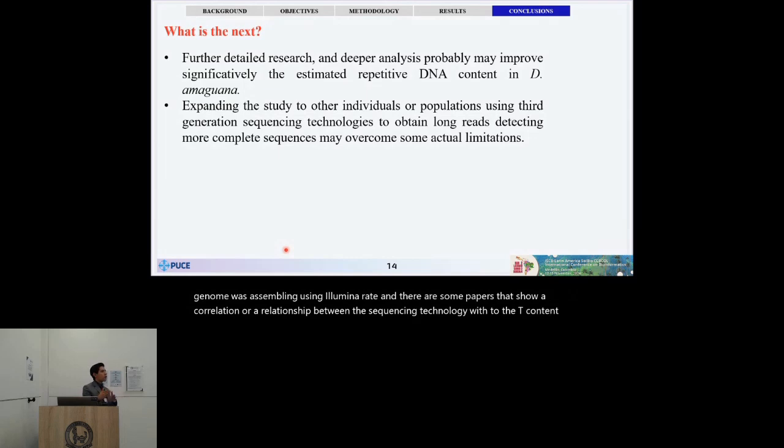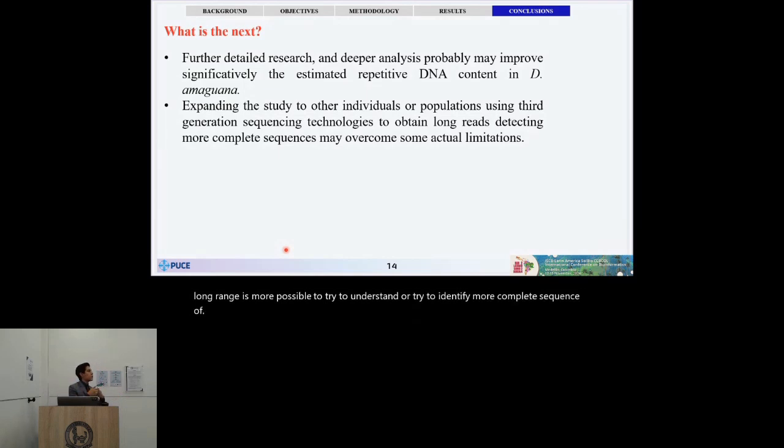Using long reads, it is more possible to identify more complete sequences of TEs or more copies of TEs compared to using short reads.